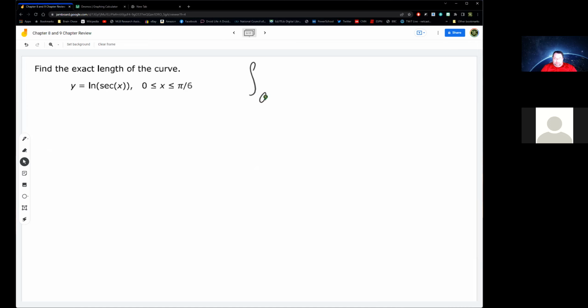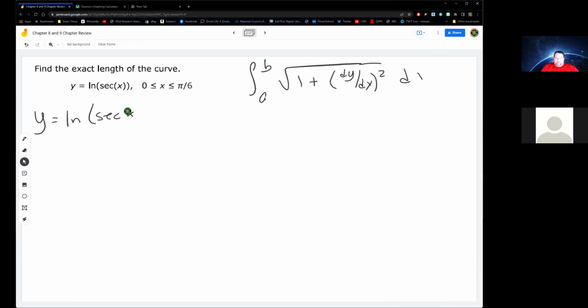So in this one, I've got y equals the ln of the secant of x. I need to do the derivative of that.